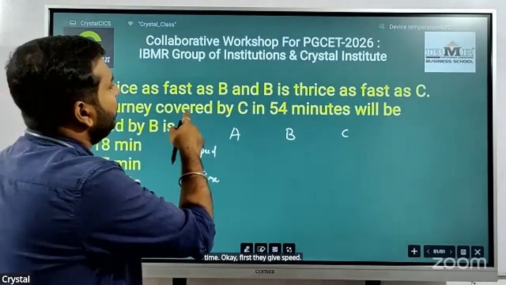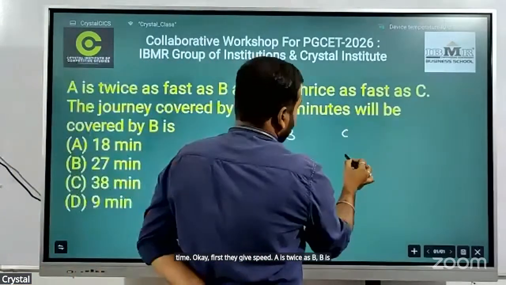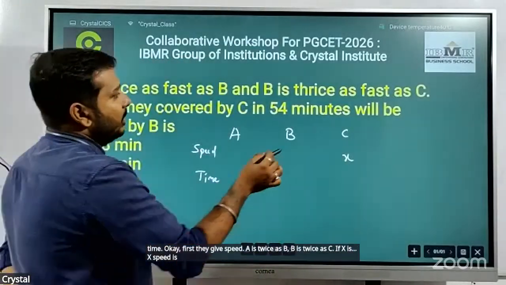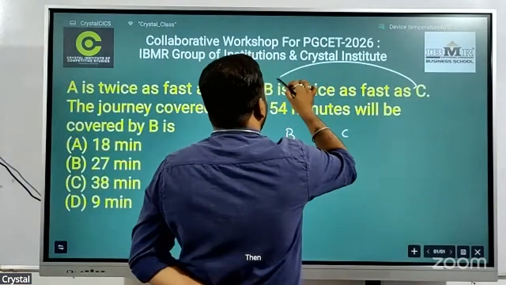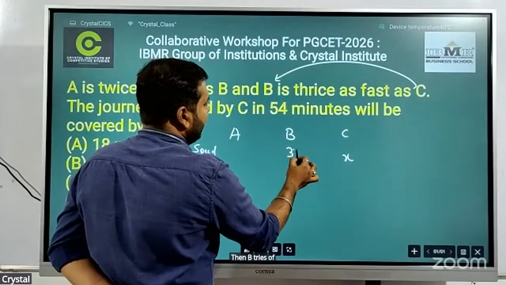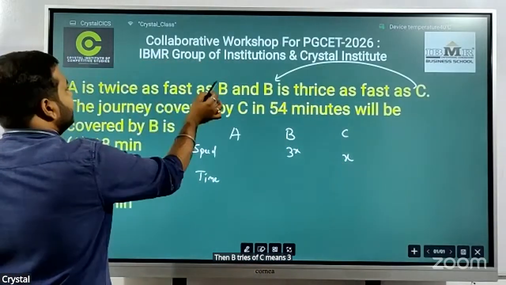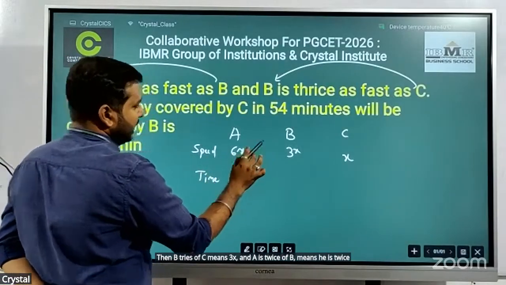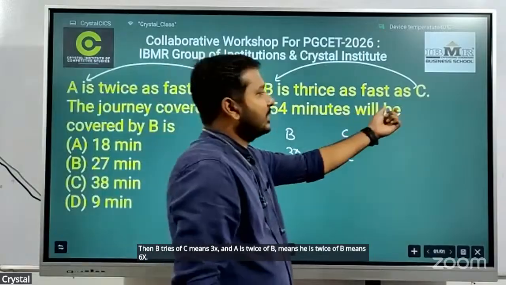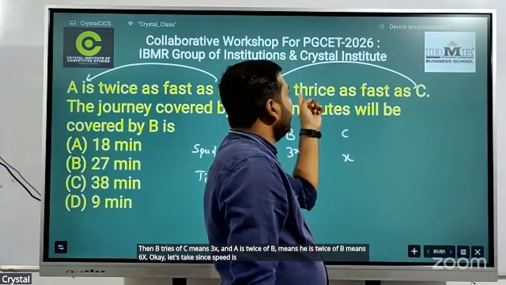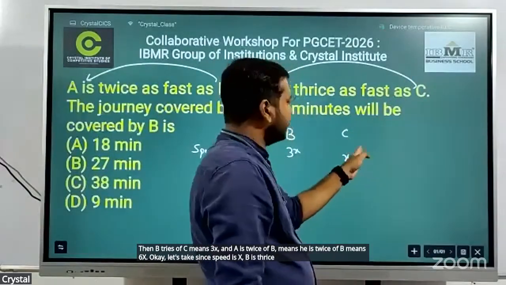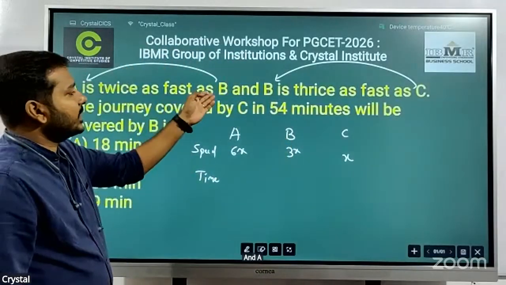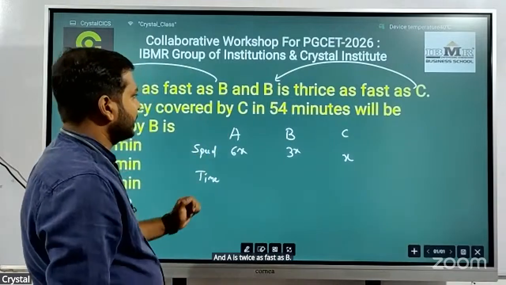A is twice B, B is thrice C. If C's speed is x, then B is thrice of C, meaning 3x, and A is twice of B, meaning 6x. Let's take C's speed as x, B is thrice of C, x into 3 is 3x, and A is twice as fast as B, so 6x.